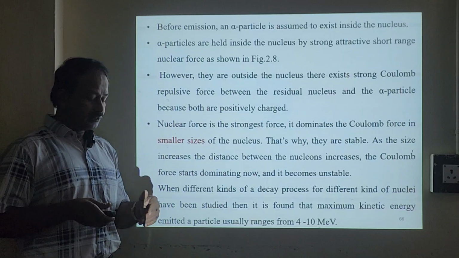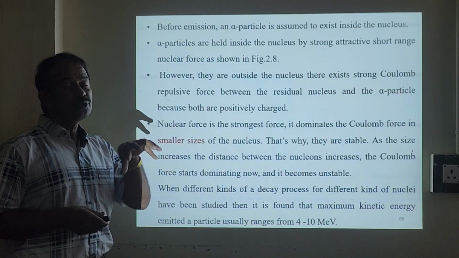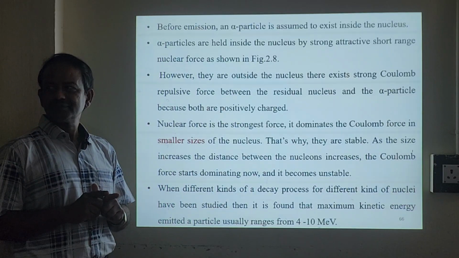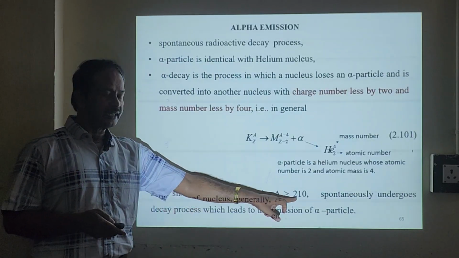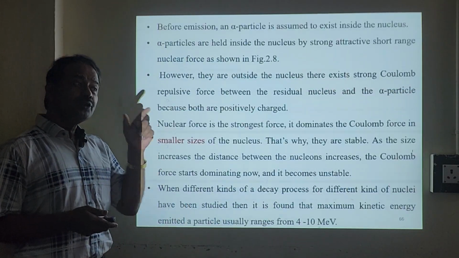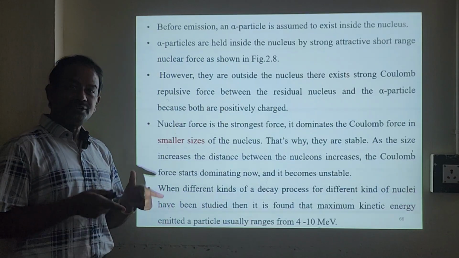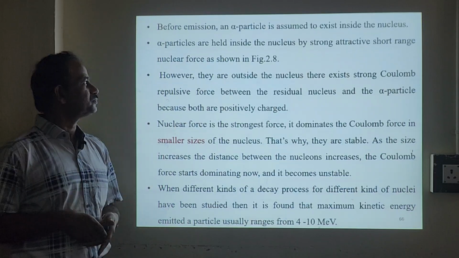As I said, if A is greater than 210, there will be a strong repulsive Coulombic force among protons, while the nuclear force is attractive. If A is greater than 210, the Coulombic force will dominate the nuclear force. If it is less, the nuclear force will dominate the Coulombic force. So this is a competition between these two.